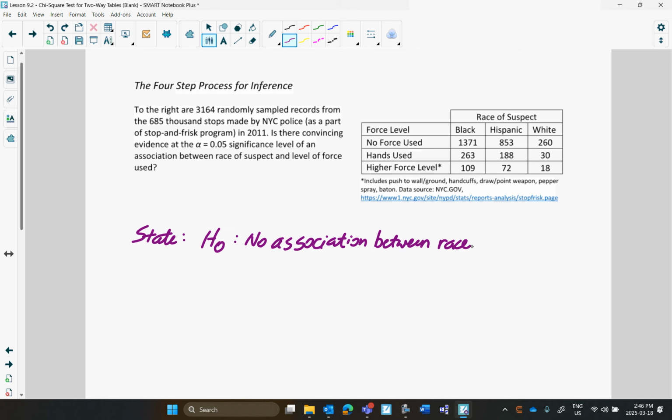Notice we don't have to define any variables between race and force.